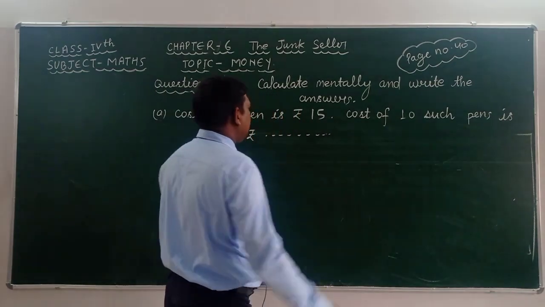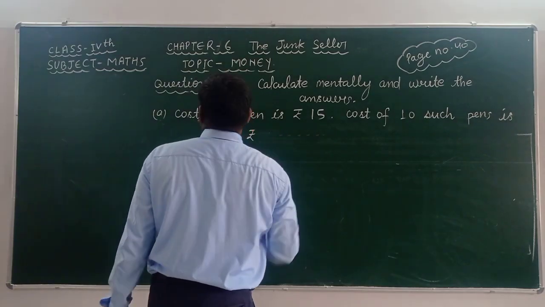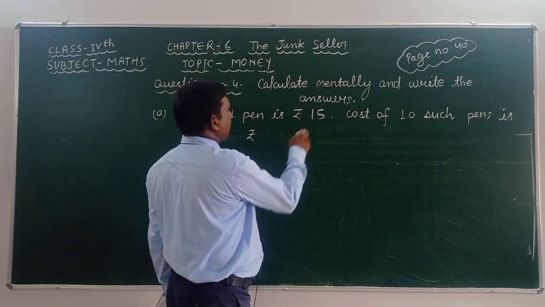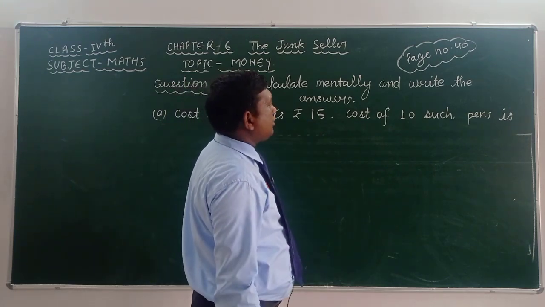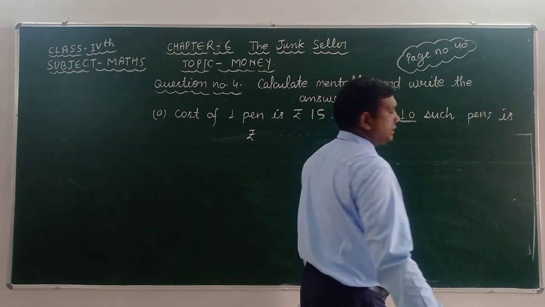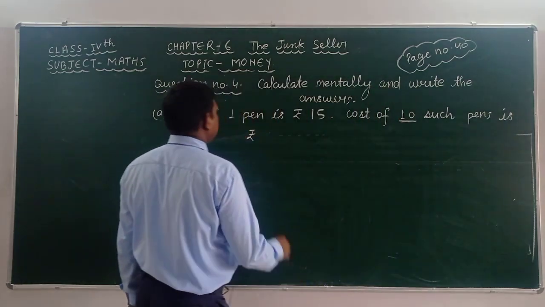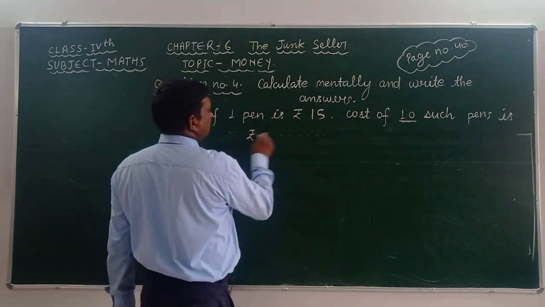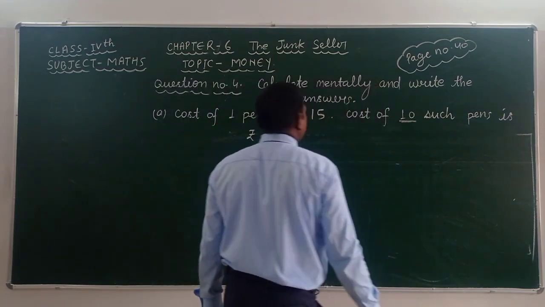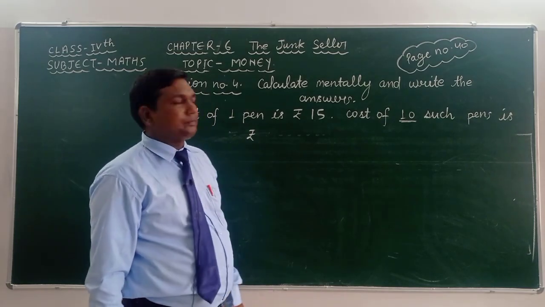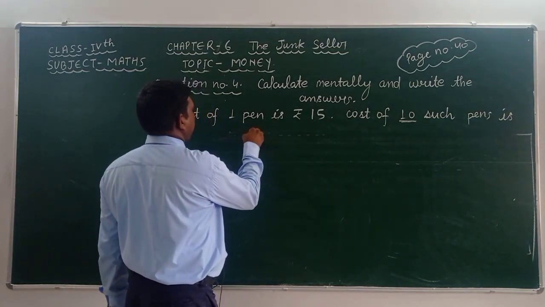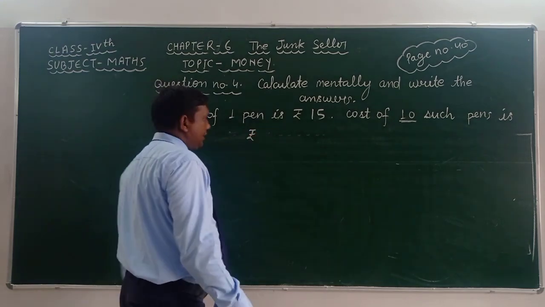Okay, students, look here carefully. In this question, the cost of 1 pen is 15 rupees. Then the cost of 10 such pens: if we take the multiplication of 15 by 10, we get the answer.